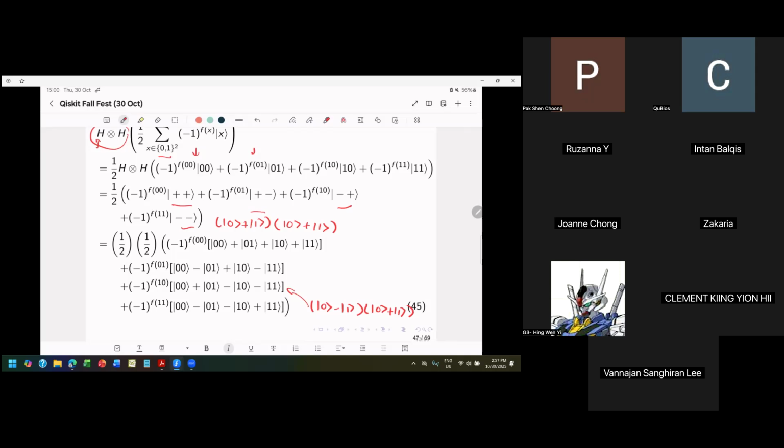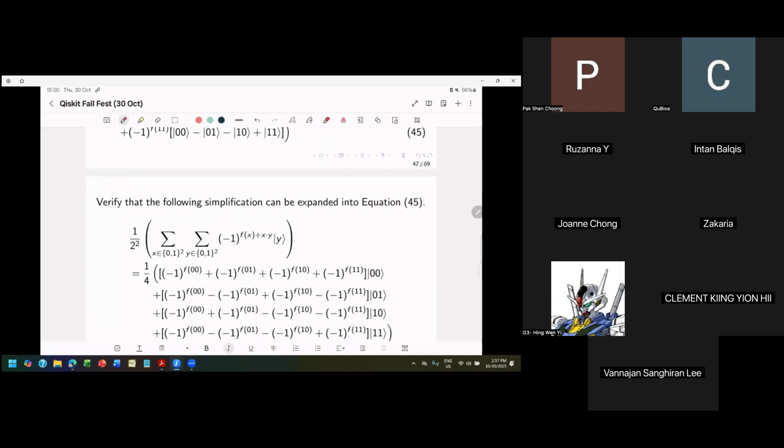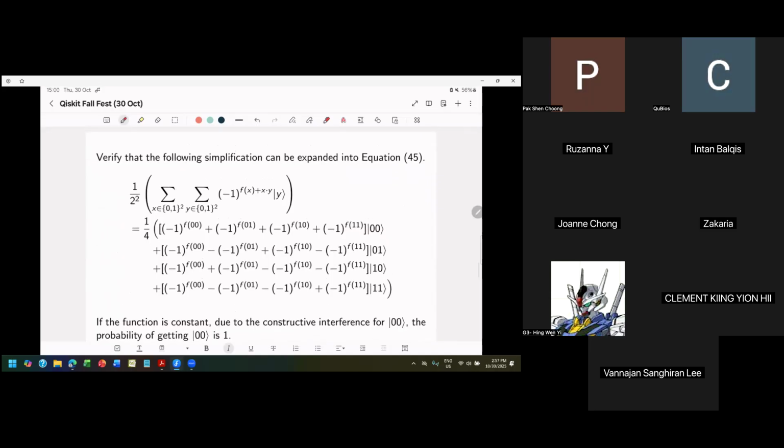So you just do the expansion accordingly, and you should be able to get equation 45. Do you want to do the verification? The expansion is what I did. Now you just need to verify that the summation actually gives you exactly the one that I expanded.